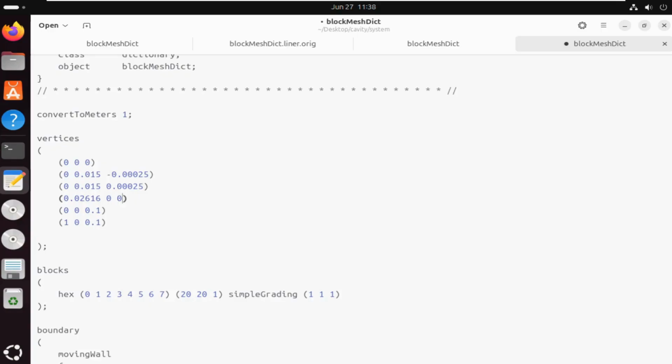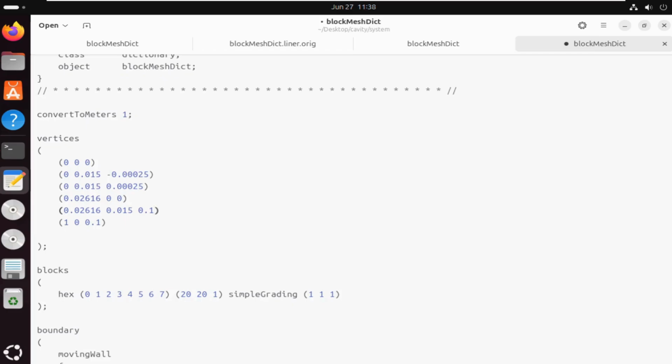Y was 0, and x is minus, z is minus 0.0025. So the same. Y. So yeah, sorry, this should be 0.